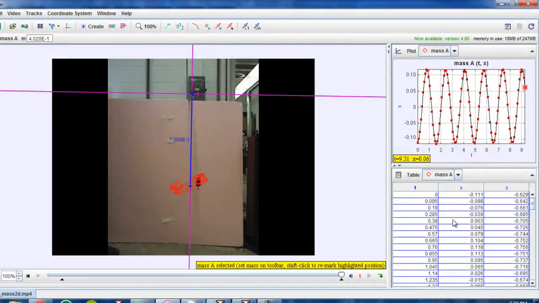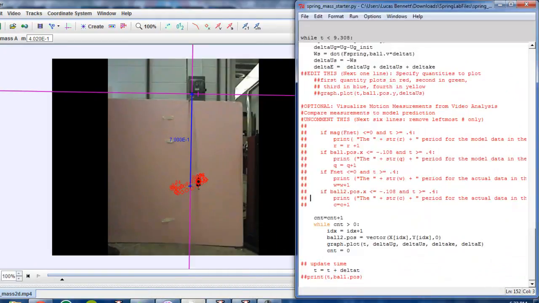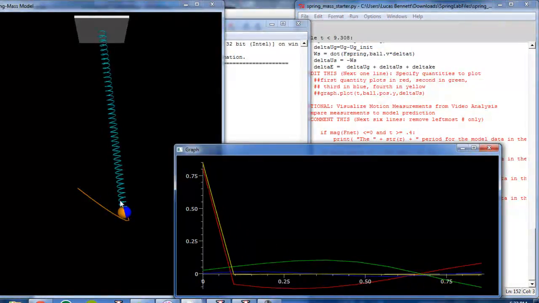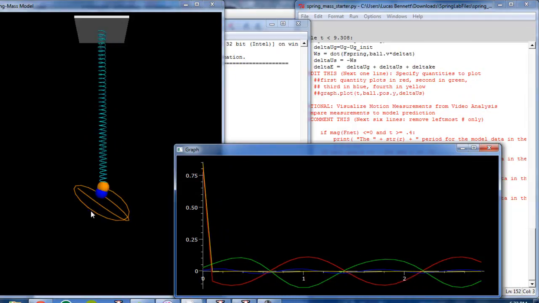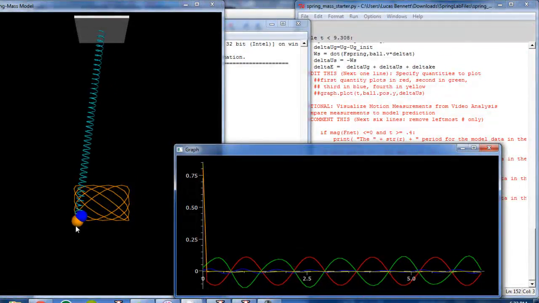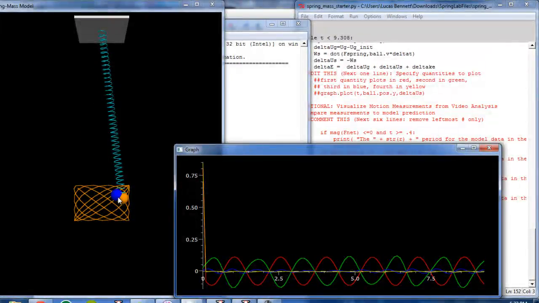So from Tracker, I imported the X and Y data into a spreadsheet, saved it as a CSV file, and then I uploaded it to the VPython program. So when I ran it, you have two balls, a blue and an orange, and they're both oscillating in this system, and you can tell that they're different rates, like they're not exactly touching.